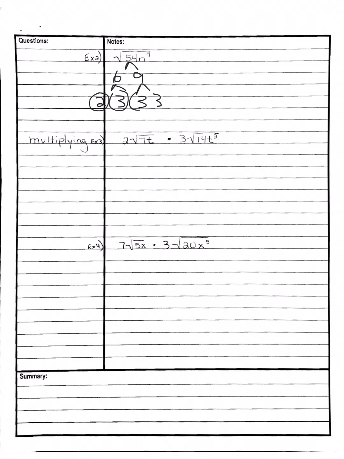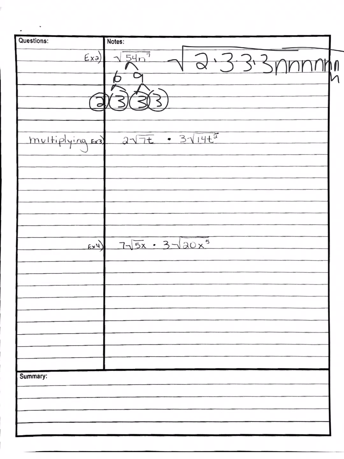So if you were to take 2 times 3 times 3 times 3, you would get 54. So let's write it out. 2 times 3 times 3 times 3, and then 1, 2, 3, 4, 5, 6, 7 n's. I tried to fit them all there. I was running out of space.